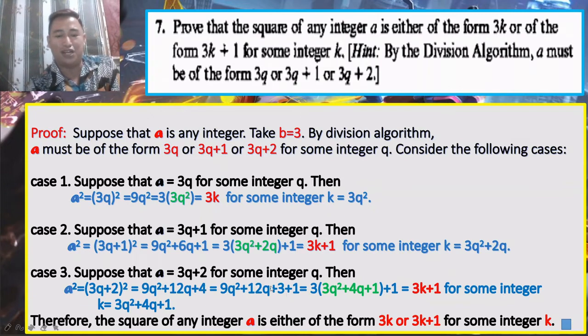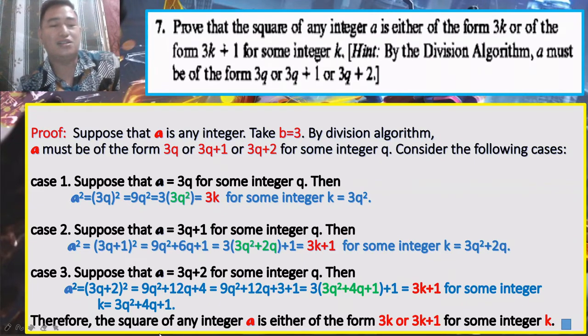The three terms 9q squared, 12q, and 3 have 3 in common, so that is 3 times (3q squared plus 4q plus 1), plus 1. Replace it with k: 3k plus 1 for some integer k equal to 3q squared plus 4q plus 1. So if a is 3q plus 2, a squared is 3k plus 1. Now we are done with the three cases.